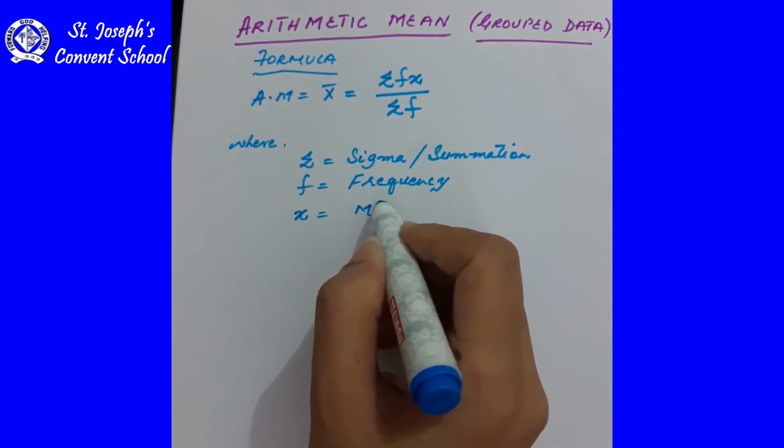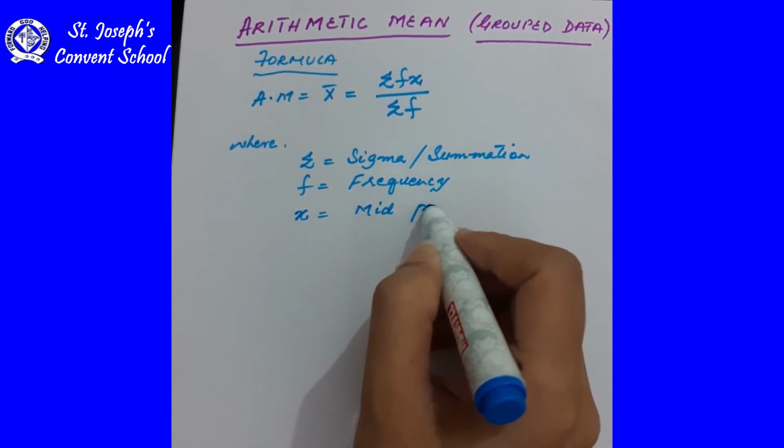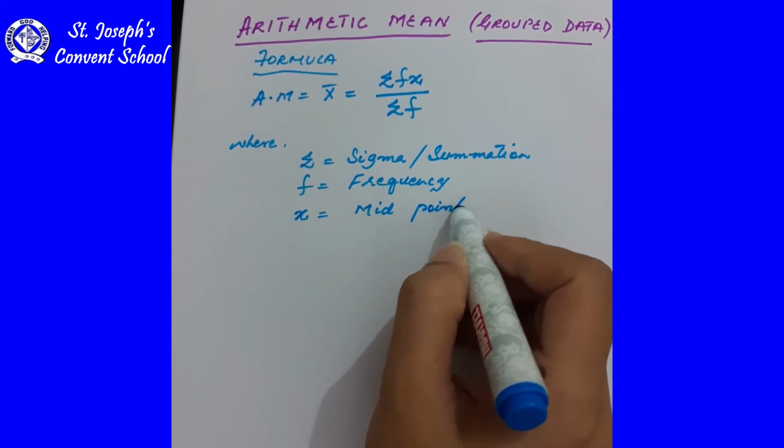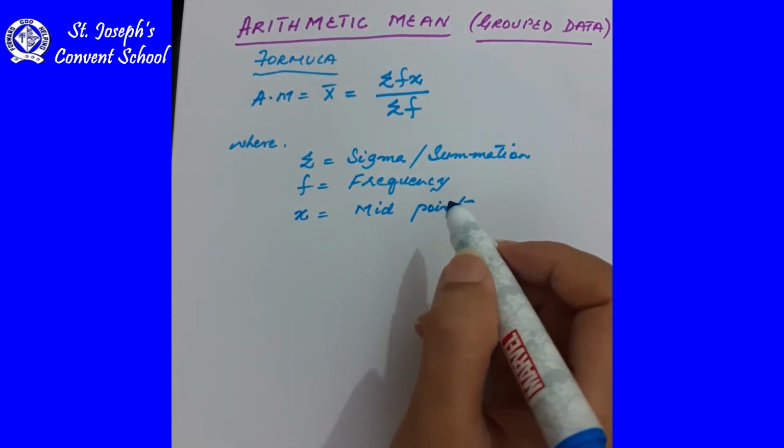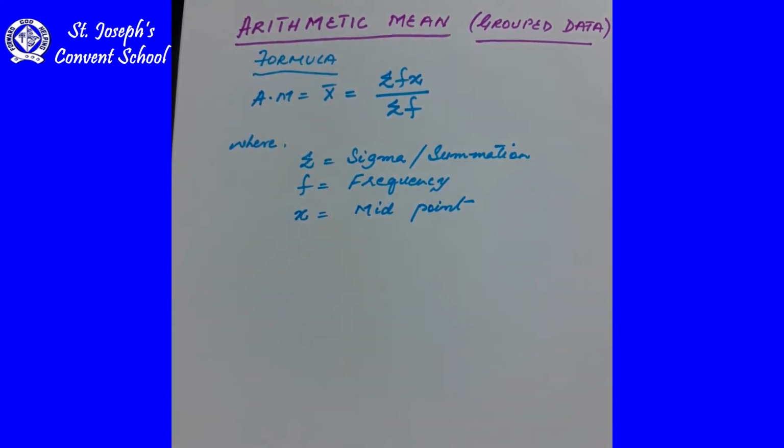X means we are going to find the midpoint. Midpoint means middle value. So when the table is given, group data is given, we apply this formula sigma fx upon sigma f.